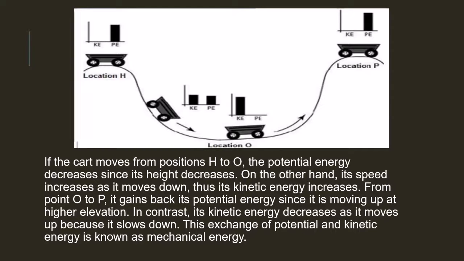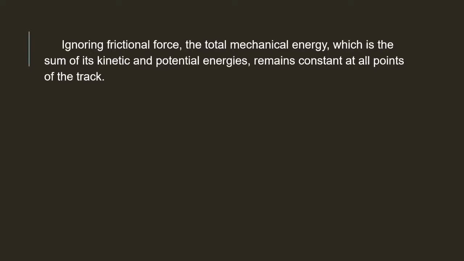In contrast, its kinetic energy decreases as it moves up because it slows down. This exchange of potential and kinetic energy is known as mechanical energy. Ignoring frictional force, the total mechanical energy, which is the sum of its kinetic and potential energies, remains constant at all points of the track.